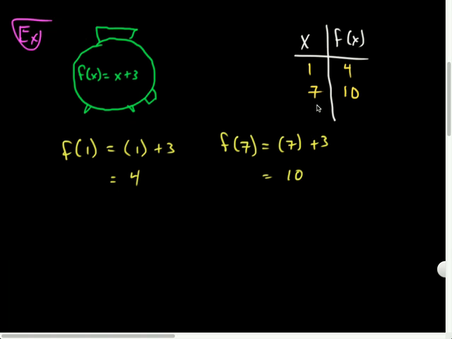Now, what if I input 1 and I got a 3 another time? What would your issue be with this table? What if I told you f of 1 was equal to 3?